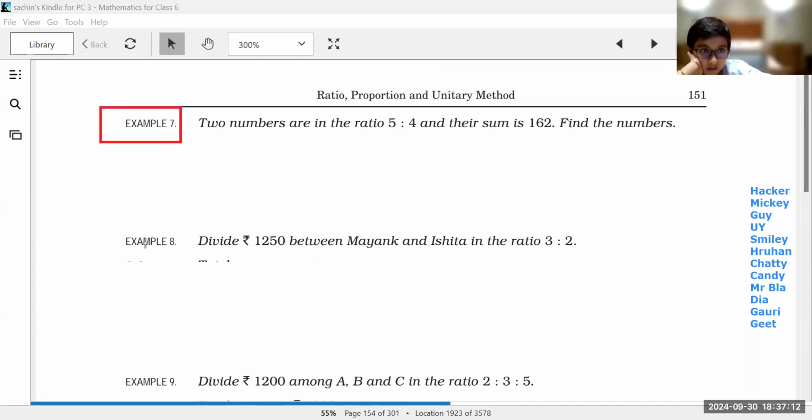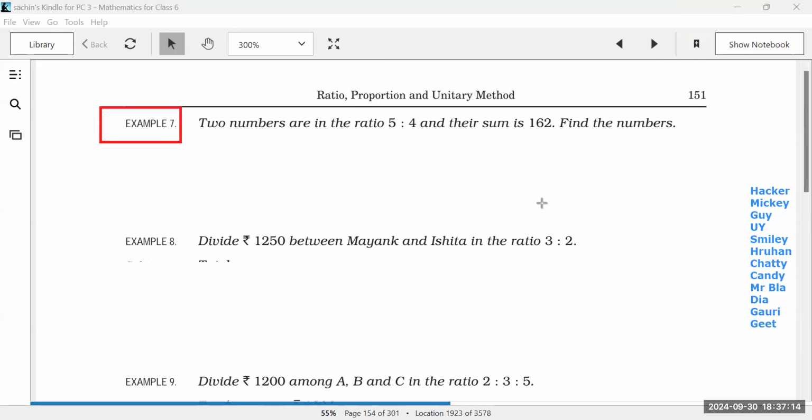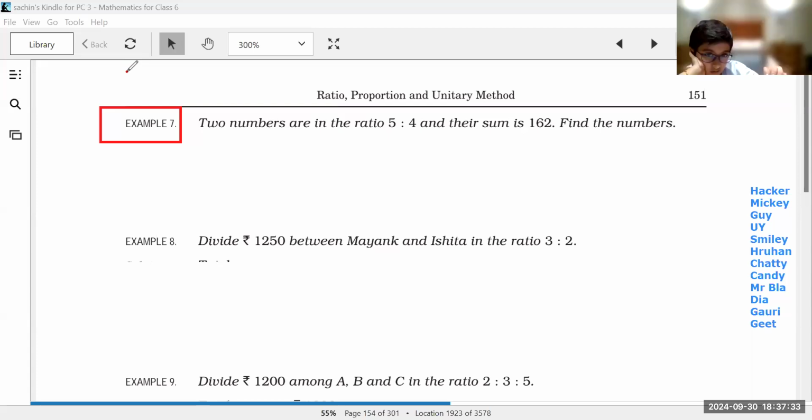So the seventh one. Try it, guys. Seventh question. This part we had already done.